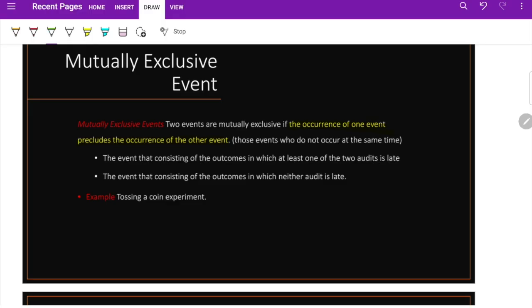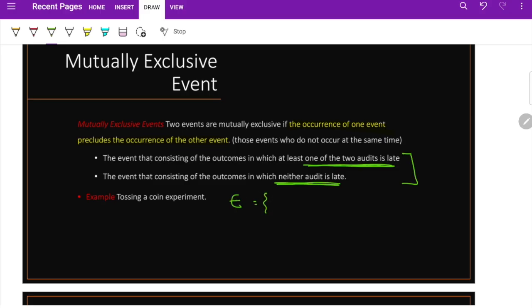For example, the event consisting of the outcomes in which at least one of the two audits is late, and the event consisting of the outcomes in which neither audit is late. These two events are mutually exclusive. Why? Let's look at the first event, big E, the one that we decided we wanted to study.